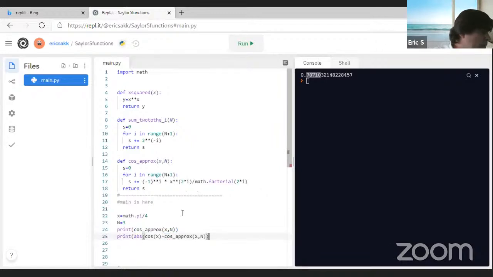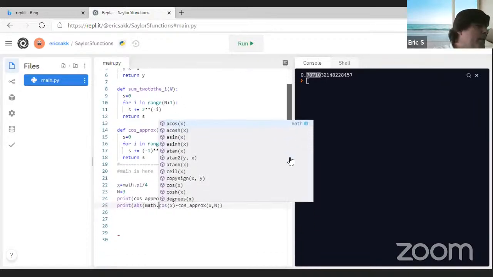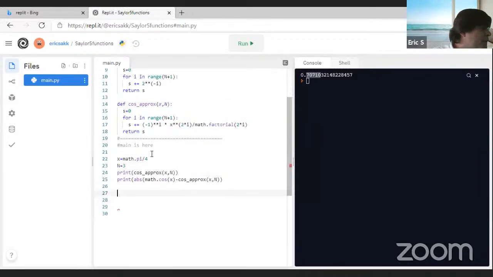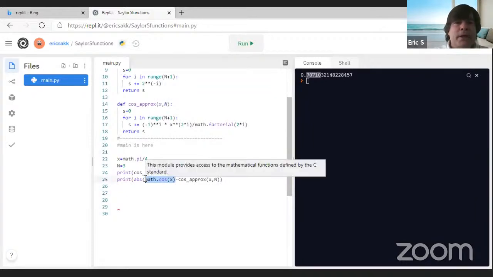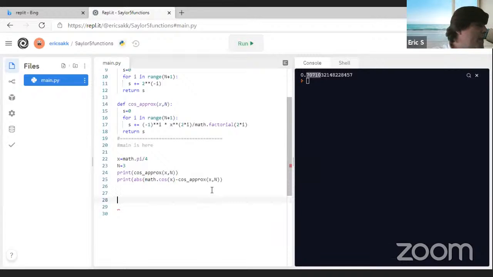So we're going to compute the difference between math.cos, so we're applying the math module to compute the cosine of x. And then we compare this value, the value that you would get from your calculator, to this approximation, what's called a series approximation or a Taylor series approximation to the cosine of x. We drop this x in and we're going to compare them and see what happens.